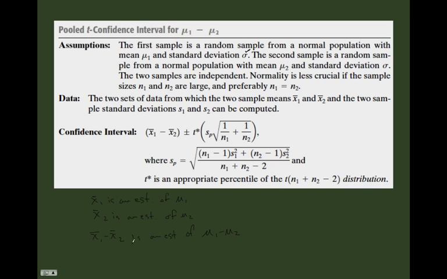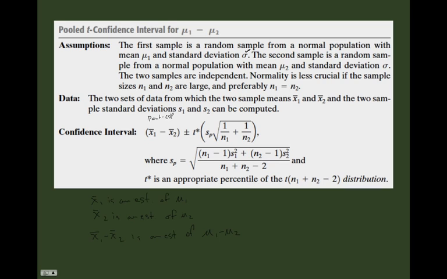So we could find confidence intervals for any of these three population parameters. And in this example, we're looking at a confidence interval for the difference in population means. So we use the difference in sample means for our point estimate.